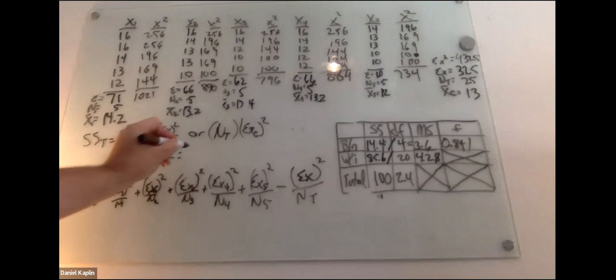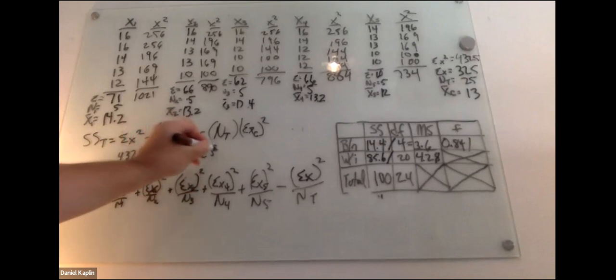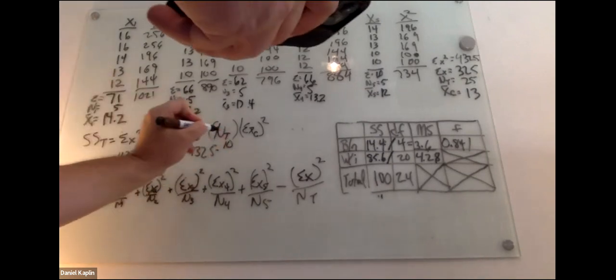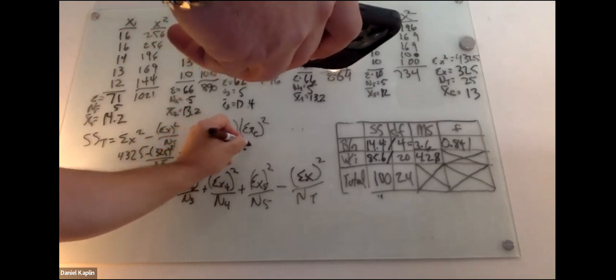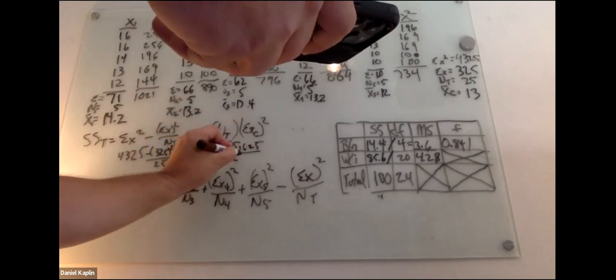Okay, so we have 4325 minus, what's 325 squared? 325 squared is 105,625 over 25.